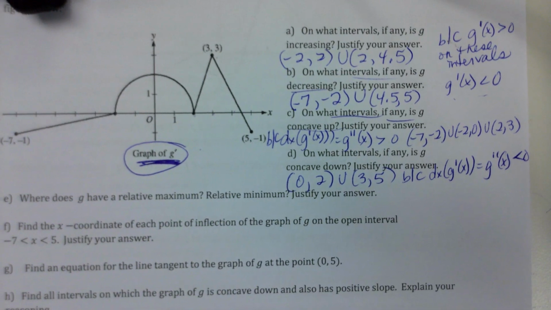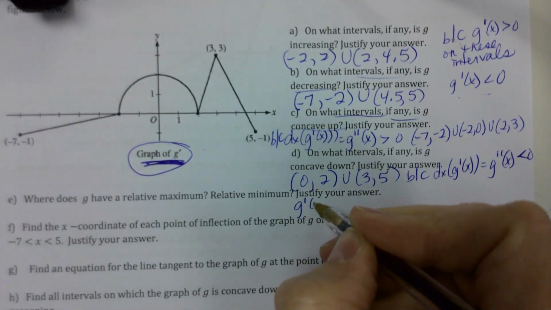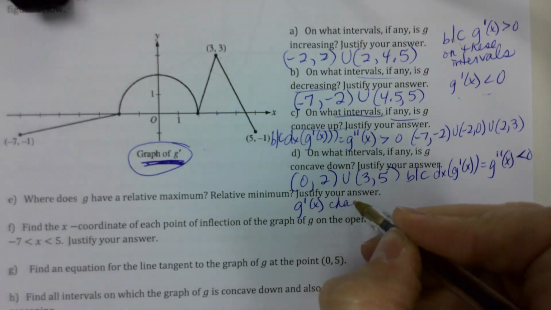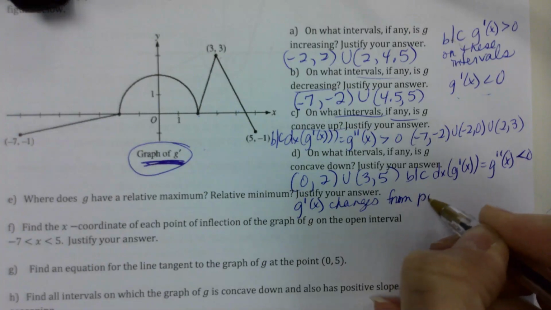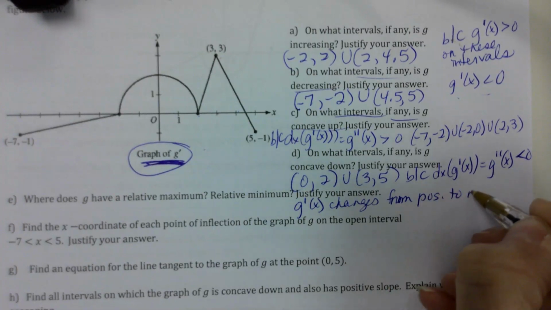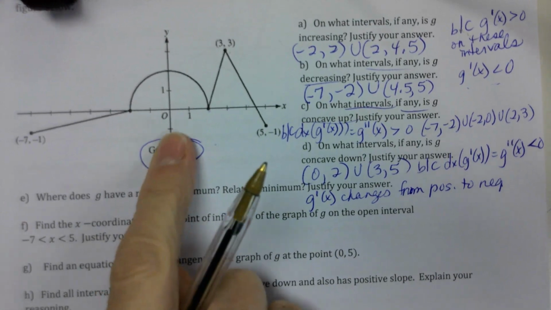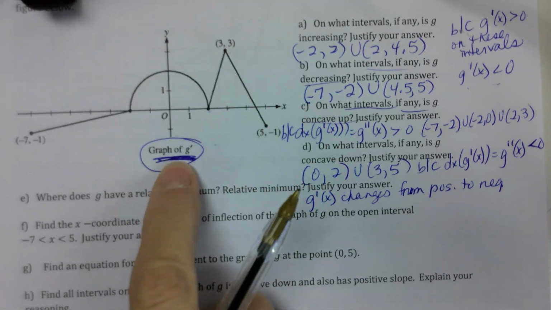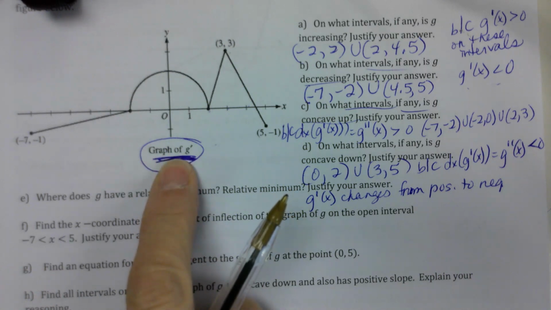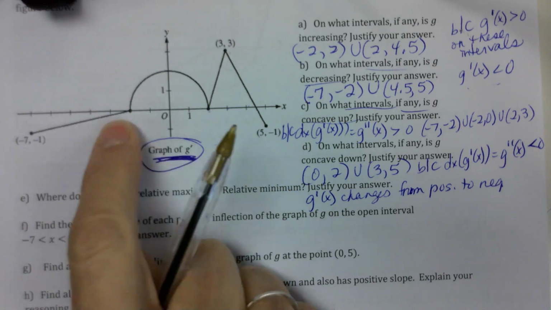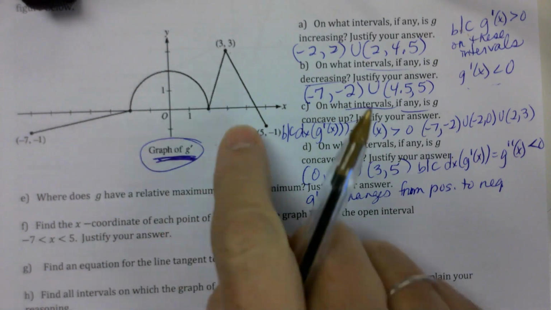Relative maximum, y'all, what are we looking for? G prime changes from positive to negative. This is the graph of G prime, correct? Literally, we're looking at whether it is above the x-axis or below. We got negative to positive, that won't be a maximum, right?